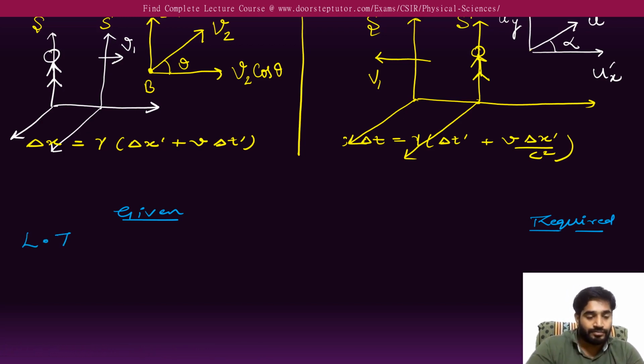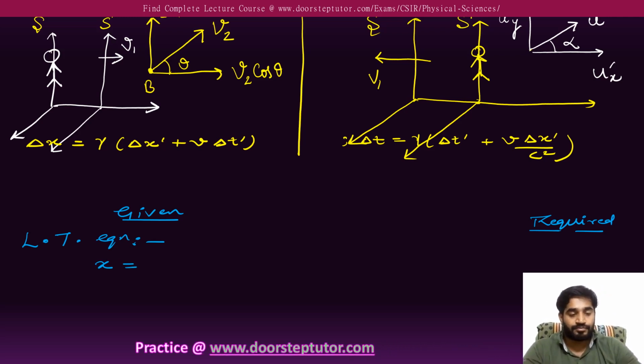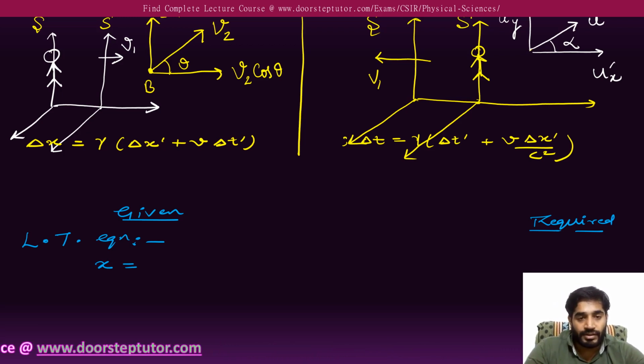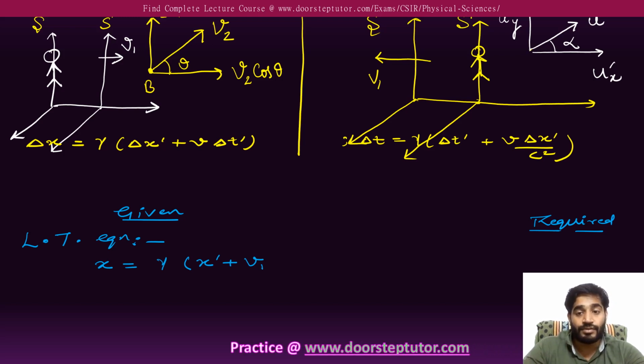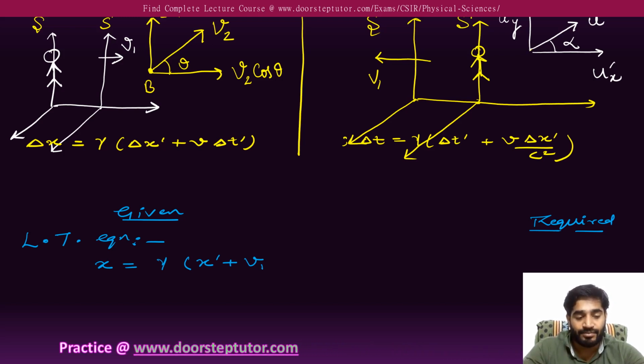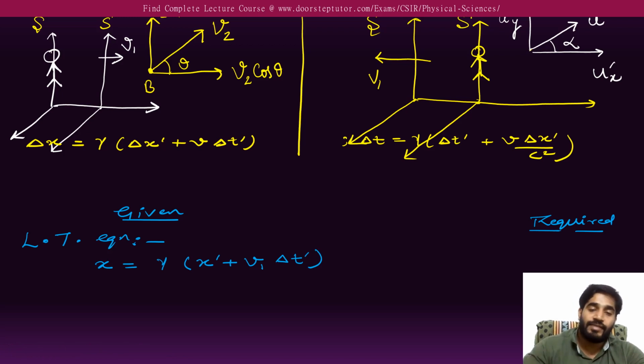The Lorentz transformation equation says that x, moving from the dash frame to the S frame, is gamma times (x dash plus v1 t dash). Here v1 is the velocity of the frame, and the frame S dash is moving with v1. This is what we have.